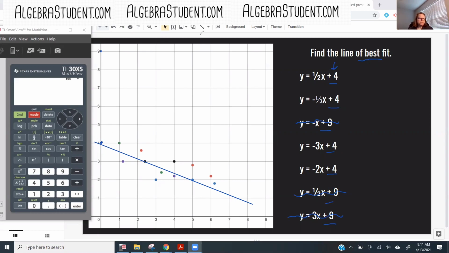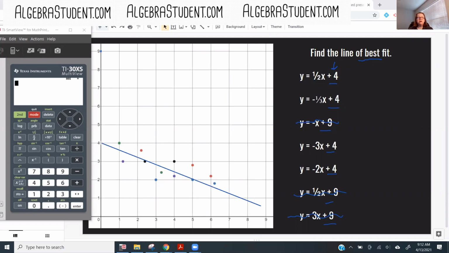So I'm going to erase the little dot that I added here and erase my line. And now that I know that it needs to run through that y-intercept at (0, 4), I'm just going to do some better approximation.